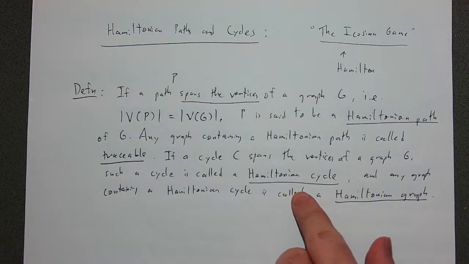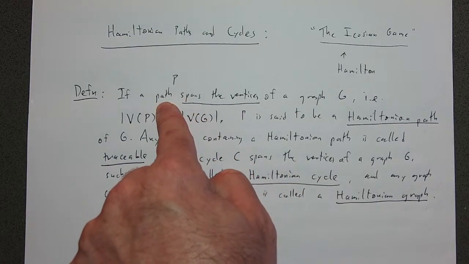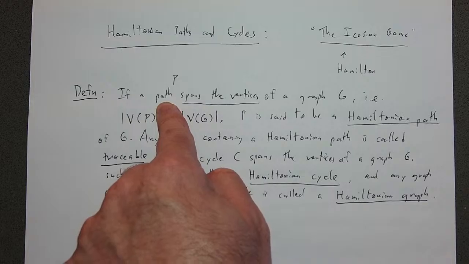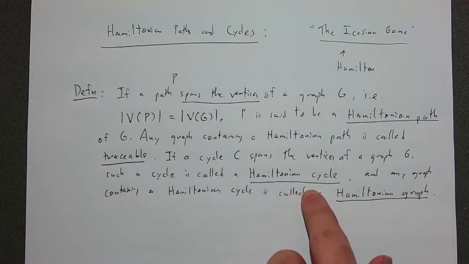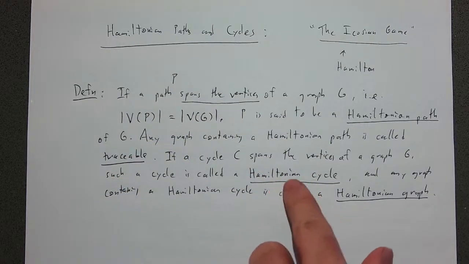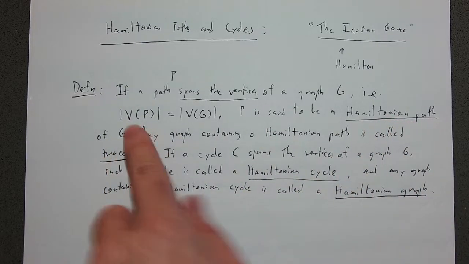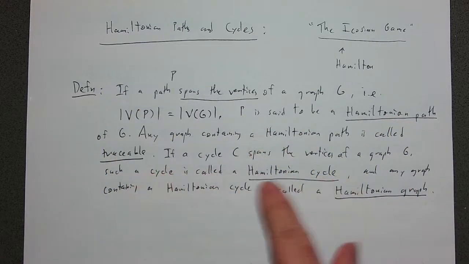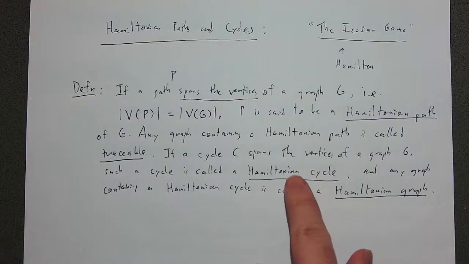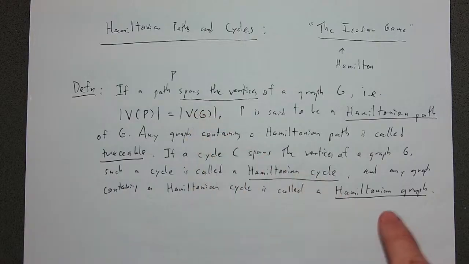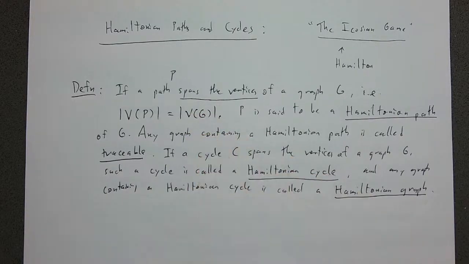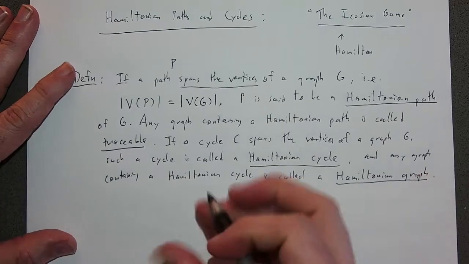A cycle is a path, right? It's just a closed one. So a Hamiltonian cycle existing in graph G means that a Hamiltonian path exists in G, because in both cases these span the vertices. So any Hamiltonian graph is traceable, but obviously the converse is not true.